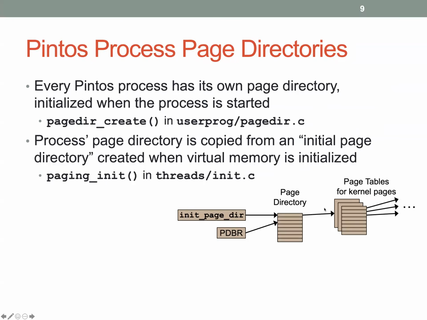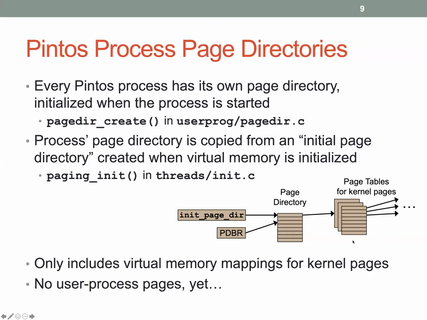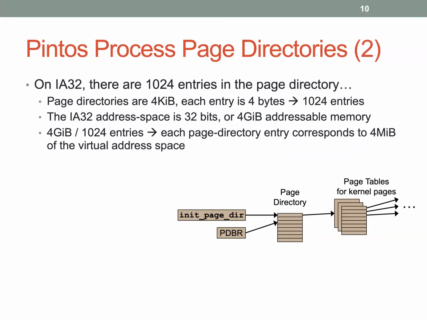The way I've drawn it here, you can imagine that the page directory base register points to the start of this page directory, and then there are some entries at the top of it that point to the address mapping for the kernel. Because we don't have a user process running as yet, we have that init_pagedir pointing to an initial version of the page directory.